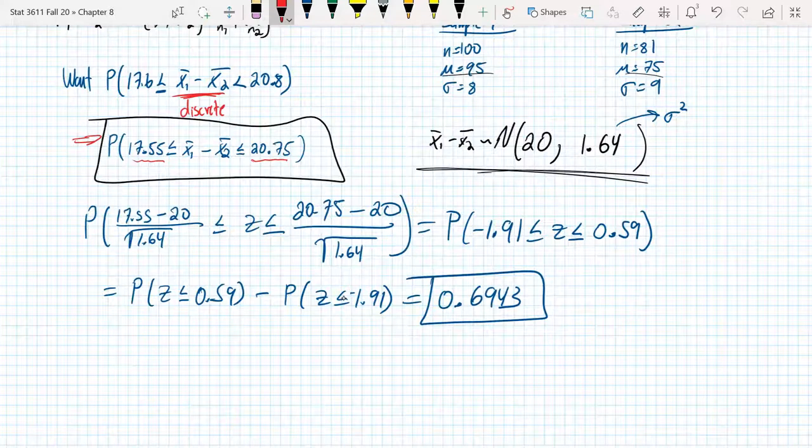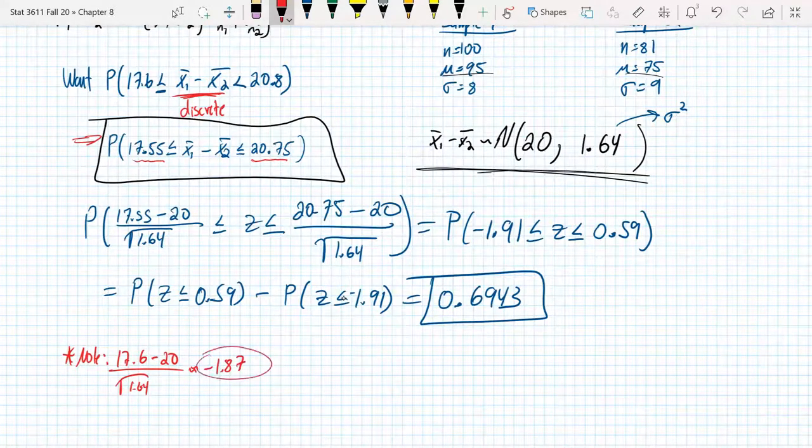I want to note that if you do 17.6 minus 20 over the square root of 1.64, that is approximately equal to negative 1.87. Compare that with the negative 1.91 that we actually ended up using: negative 1.87 versus negative 1.91.